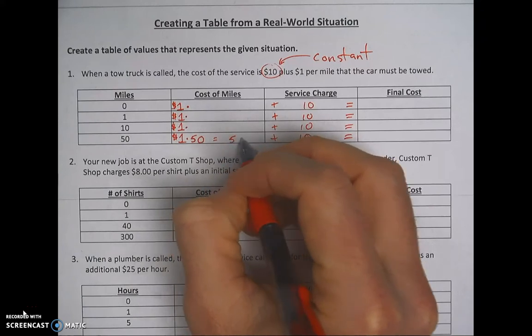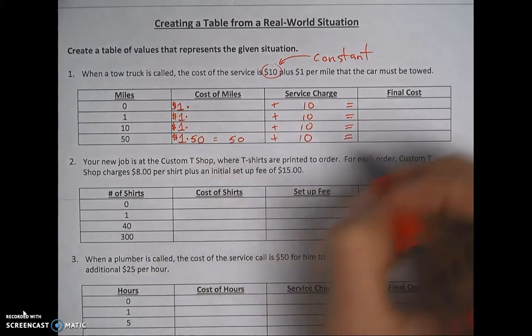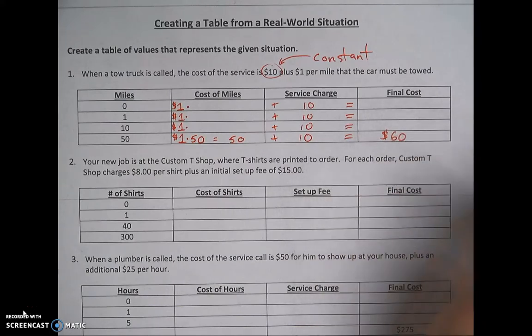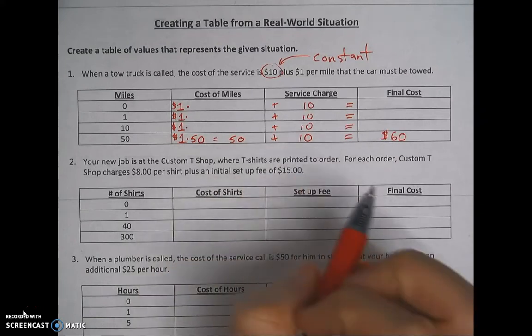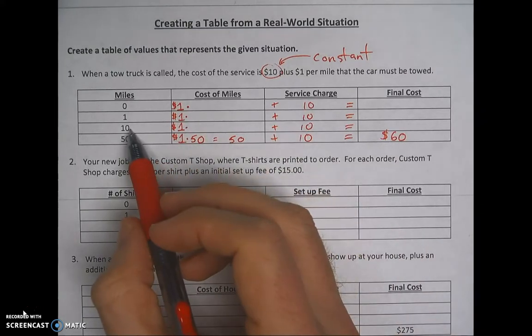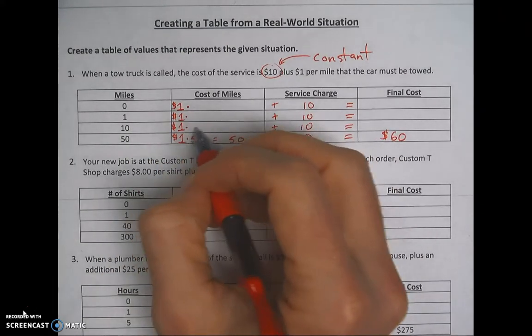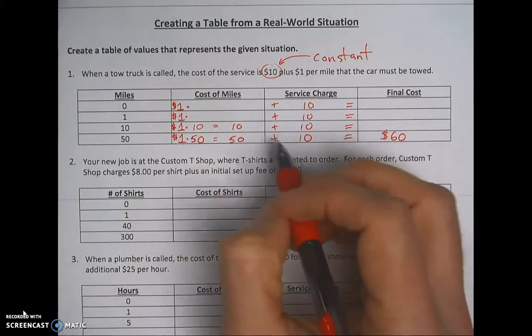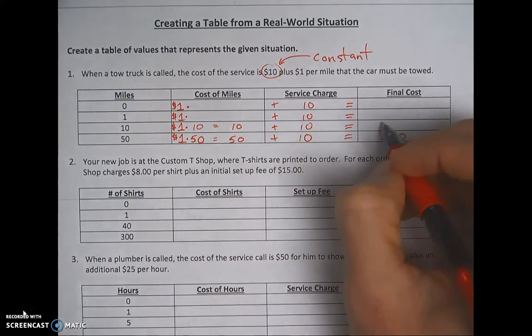That's going to be 50. And then plus 10 gives me a total of $60. So I'm being charged $60 here in total, $50 for the miles, 10 for the service charge. So if I was towed 10 miles, it's $1 times all 10 of those, which is just $10 for the miles plus $10 for the service charge.